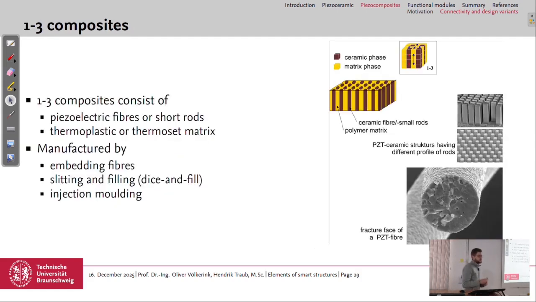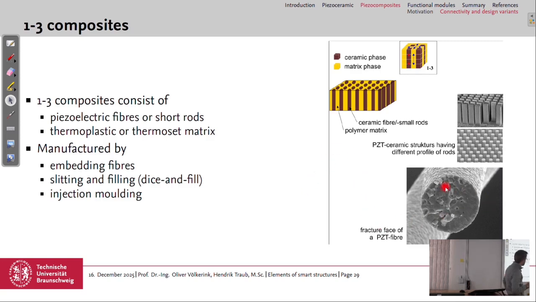The next composite with different connectivity is the 1-3 composite. It consists of piezoelectric fibers or short rods with a thermoplastic or thermoset matrix again, so fibers in a volume. We can manufacture them by embedding the fibers, so having really single fibers and embedding them. We could also slit and fill: cut through a monolithic block of piezoceramics and build in that way fibers which are then filled with the matrix material.